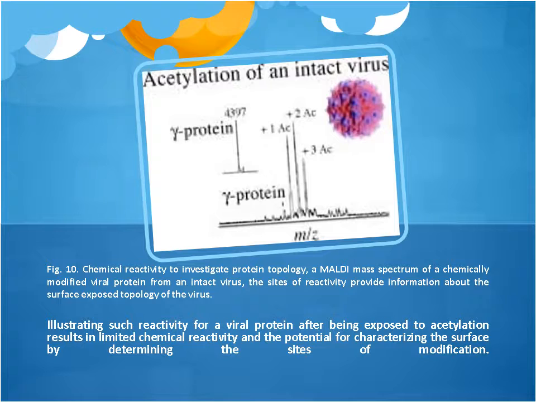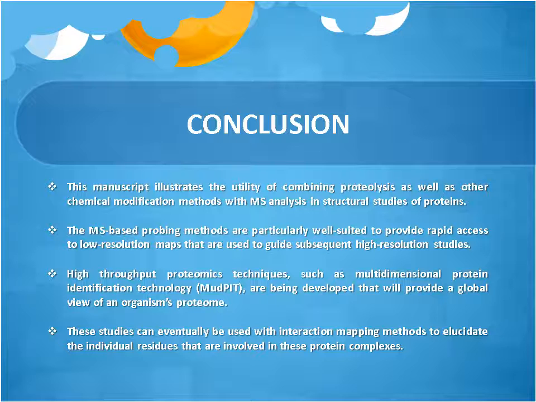A simple illustration of such reactivity for a viral protein after being exposed to acetylation, resulting in limited chemical reactivity, is shown in this figure. And the produced MALDI mass spectrum of a chemically modified viral protein from an intact virus can be used to determine the sites of reactivity, which further provide information about the surface exposed topology of the virus.